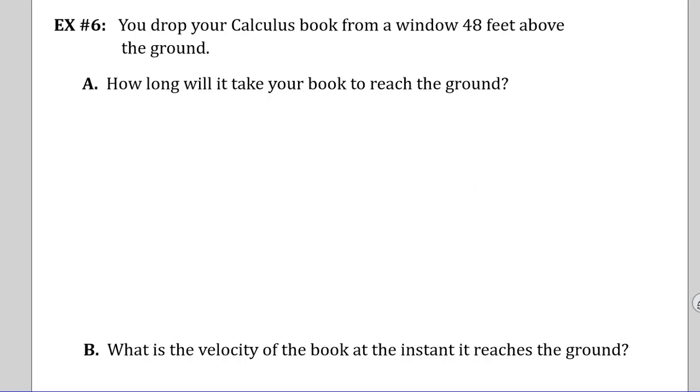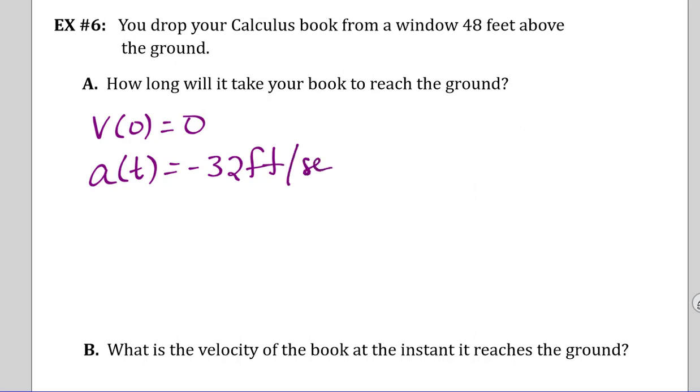Now let's look at what they've given us so far. As far as velocity, they didn't say that it was flying when it went out the window. So we're going to assume that our initial velocity is 0. As far as acceleration, we'll just use the constant used for that. When things are falling, in a simple model, we just use negative 32 feet per second squared.